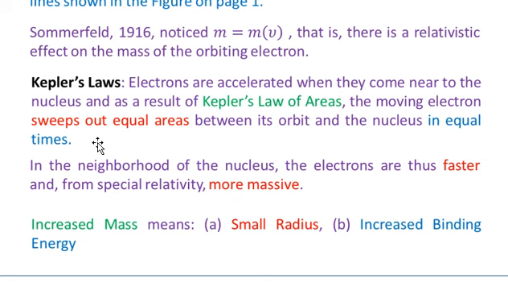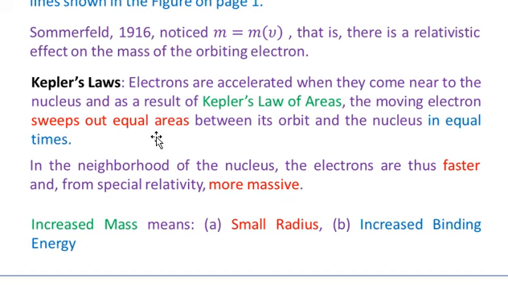When the electron in the elliptical orbit comes closer to the nucleus, it has to be accelerated so that it can sweep out equal area in equal time. And when it is further away from the nucleus, the electron will be moving slowly, so that it can satisfy this condition, that is, sweeping out equal area in equal time.